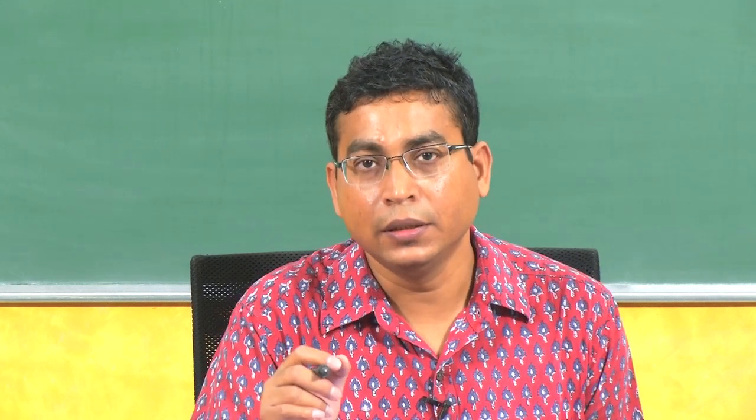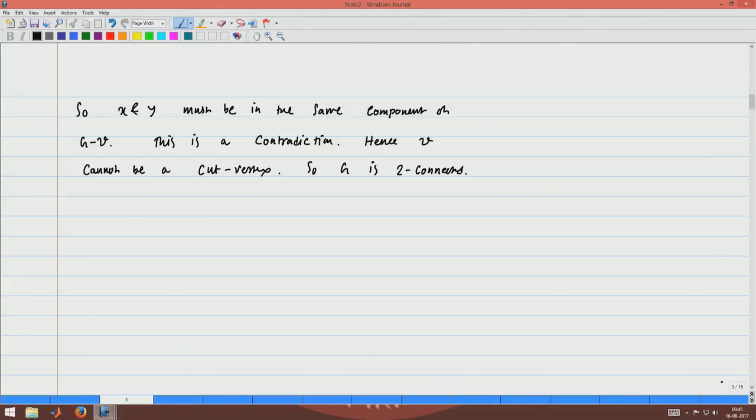We assume that there is a cut vertex v. If there is a cut vertex, then the graph is one connected. And finally, we prove that there can't be a cut vertex in the graph G. So, the graph is not one connected, it is two connected. Okay. So, next we move to the other problem.